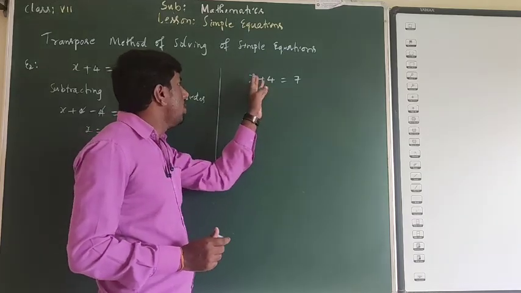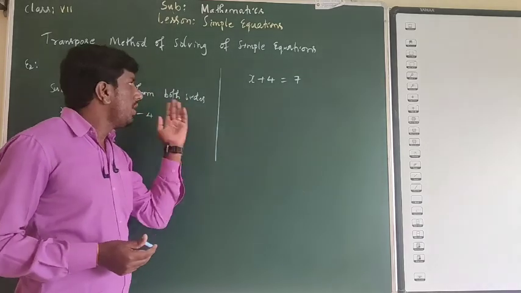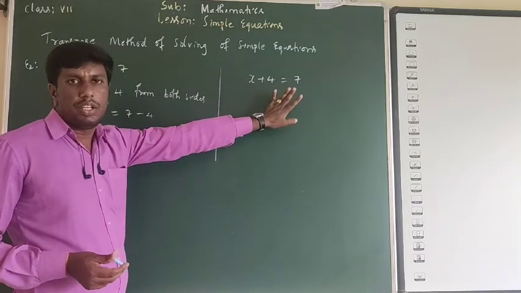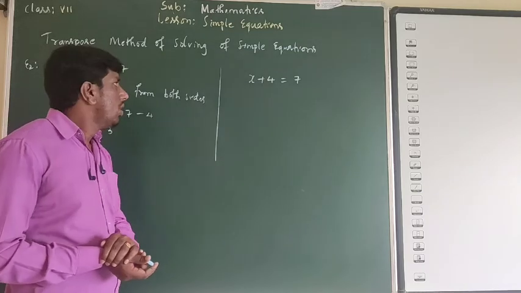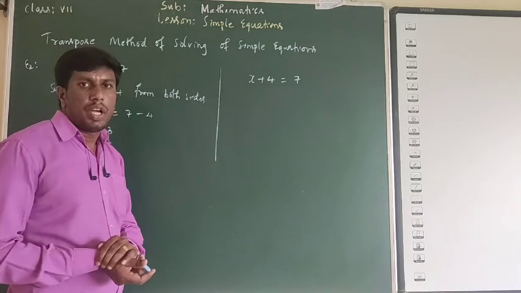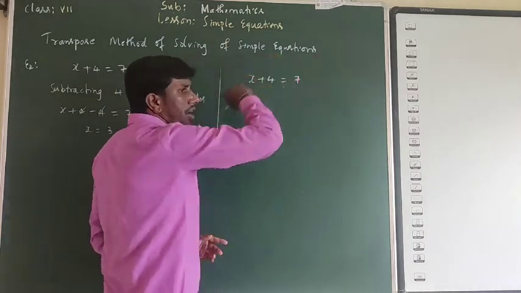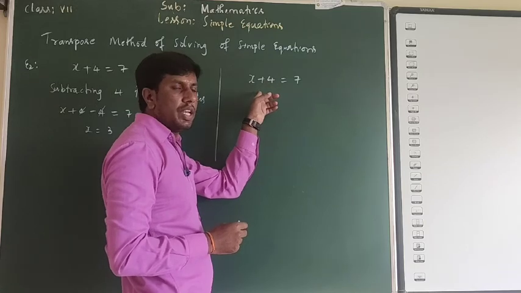Whatever other value we have, we should remove that. Because 4 is added, I will subtract 4, then it will be simplified to only the variable on the LHS, correct? With the same equation, I will do one thing. I can transpose the 4 to the RHS. The 4 is there in the LHS, right?